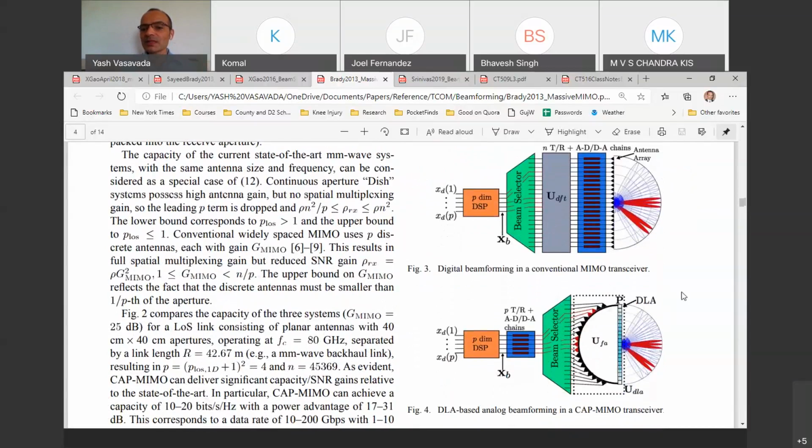So what they are proposing is that instead of doing that, I will just put a dish. This is one continuous aperture antenna. That is what they're calling the CAP MIMO. And this dish, they are going to sample the dish at multiple points.